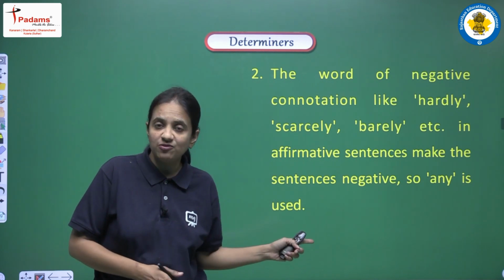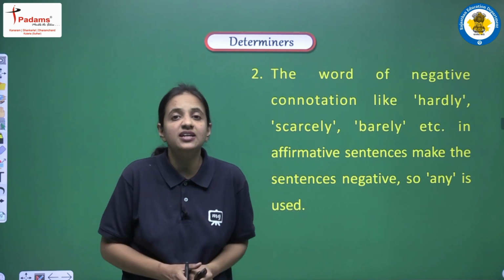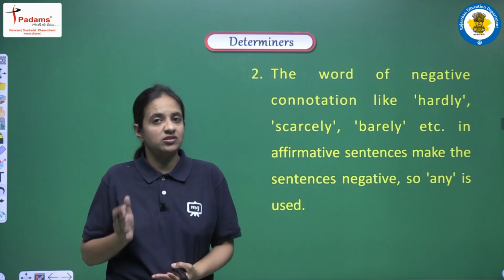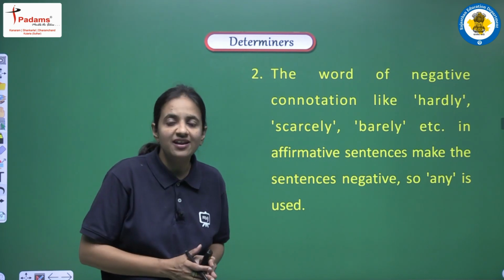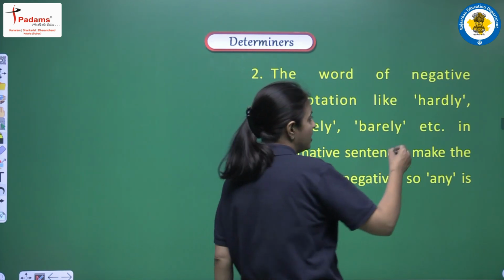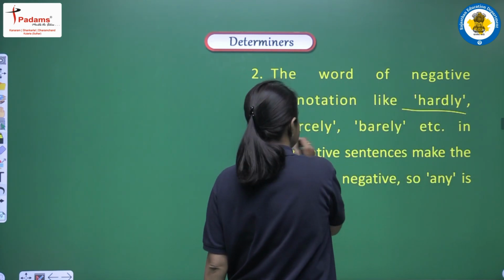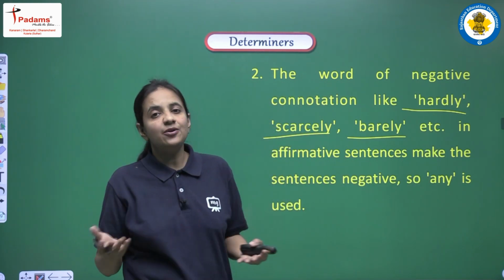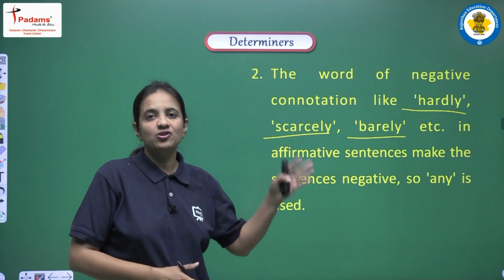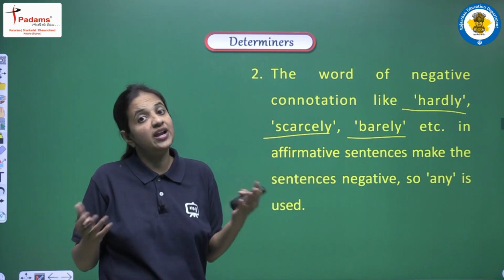But now in this point it may be the case that the sentence is positive, there is no not in the sentence, but we have any of these words: hardly, scarcely, barely. These are some of the words that make the sentence negative, because all these words have a negative meaning.